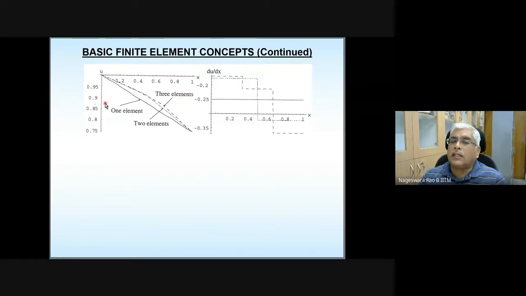And this is the solution, and the derivative of the solution is this one. You can see your solution is actually converging faster than the derivative of the solution. Here, a 1 element solution is constant, 2 element solution is this one, and 3 element solution is this one.